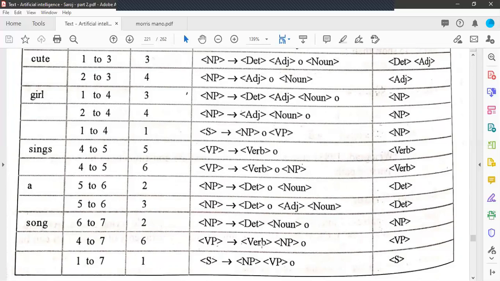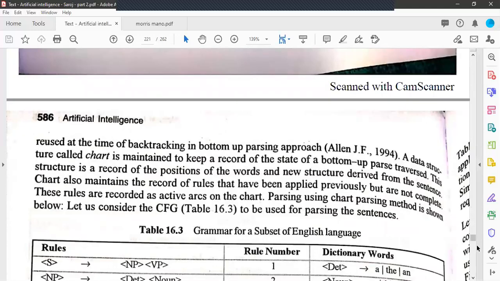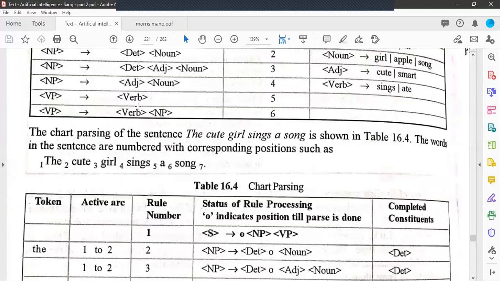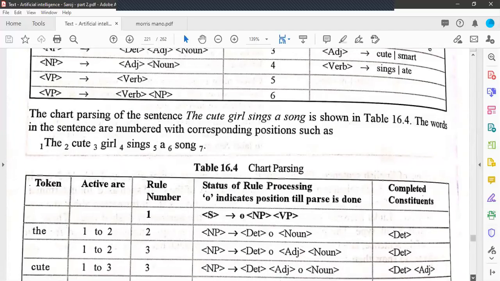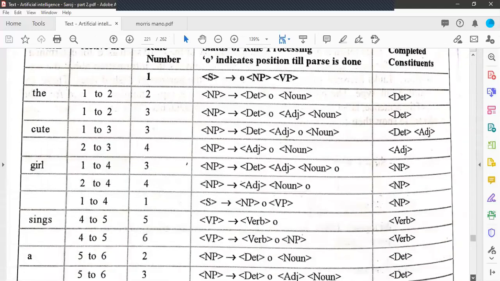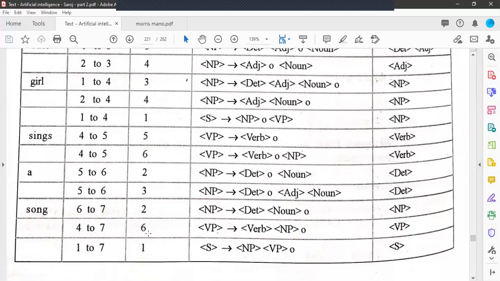Rule number 6 says that you do it for... rule number 6 is verb followed by noun phrase. Which is verb here? Verb is sings. Sings followed by noun phrase. That brings to the end of the verb phrase.